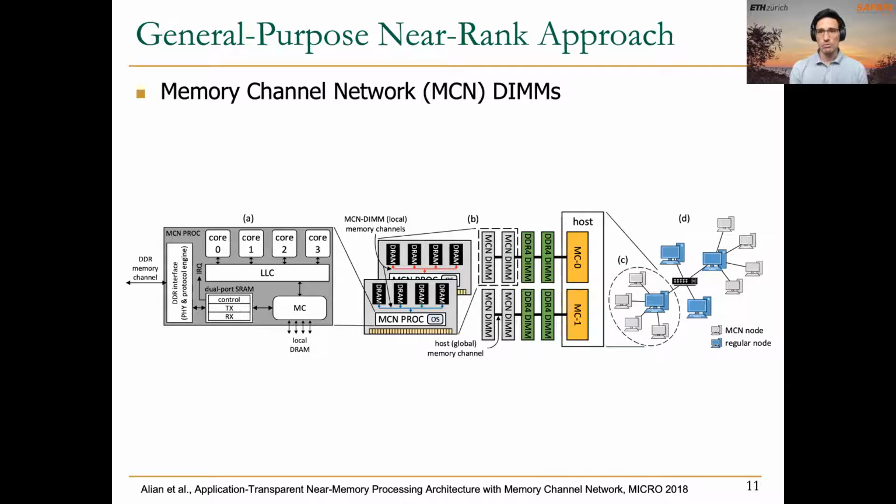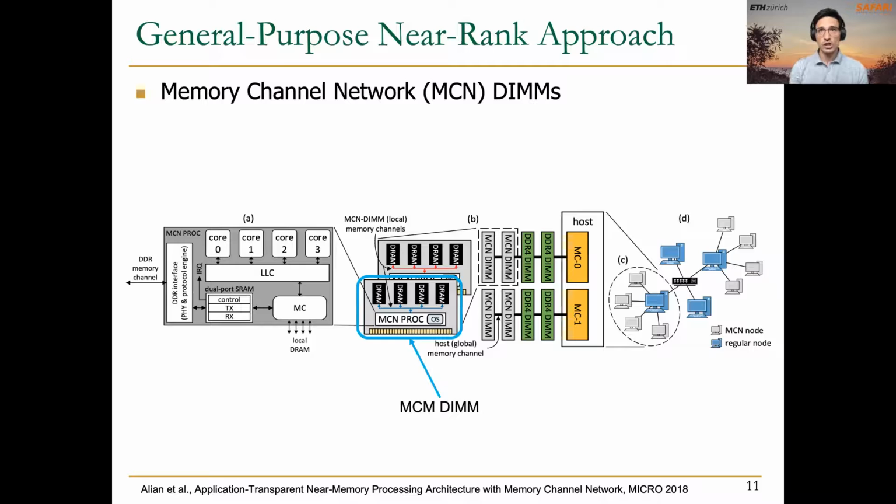This is not the only work proposing the idea of extending DRAM DIMMs with some sort of processing engine or compute units. For example, this paper, Application Transparent Near Memory Processing Architecture with Memory Channel Network, presented in MICRO 2018, proposed to extend a host processor with some DIMMs called MCN DIMMs.